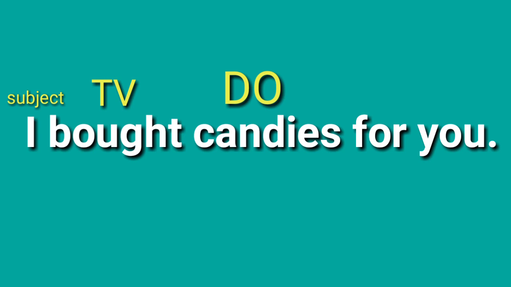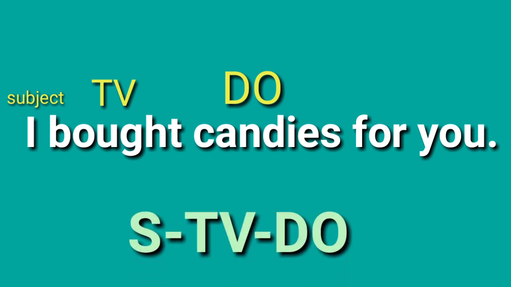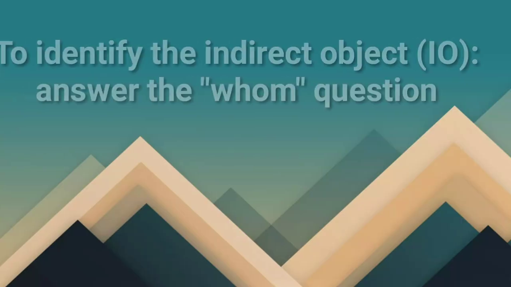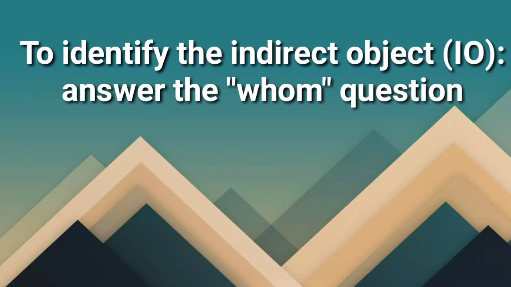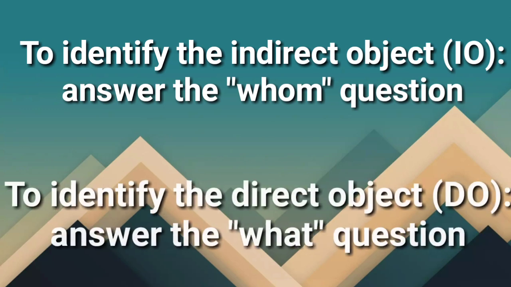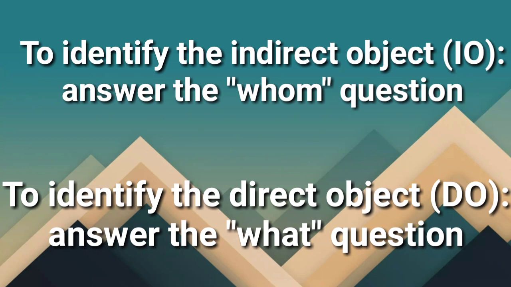So the sentence pattern here is S-TV-DO. Take note on this. To identify the indirect object, you usually answer the whom question. Whereas in identifying the direct object, you answer the what question.